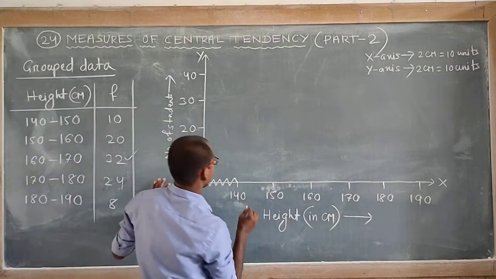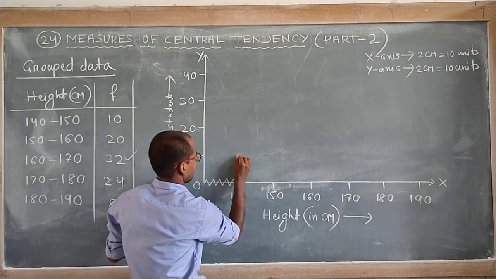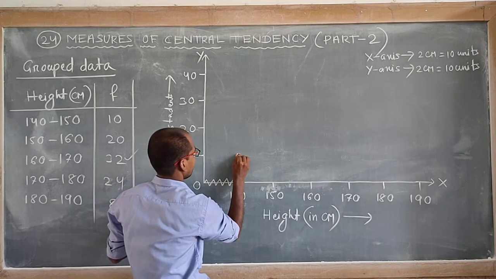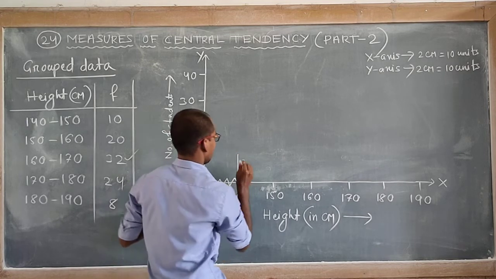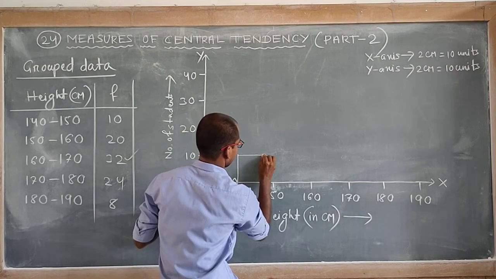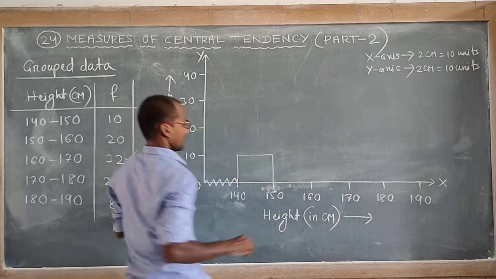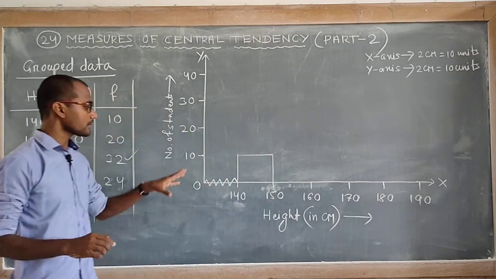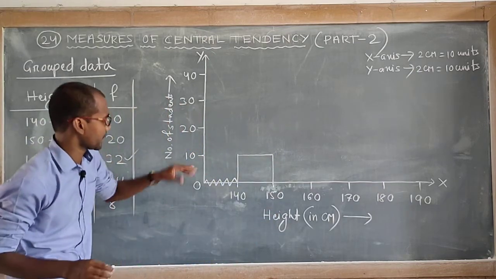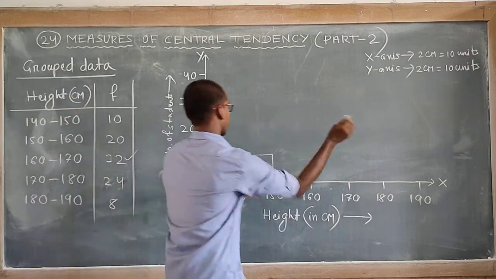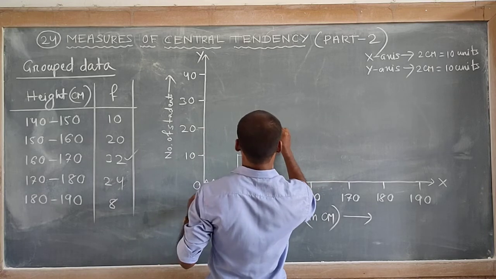So let us draw the histogram. My histogram will not be accurate. This is for the first class interval, 10. Next is 20. 150 to 160, it is 20.